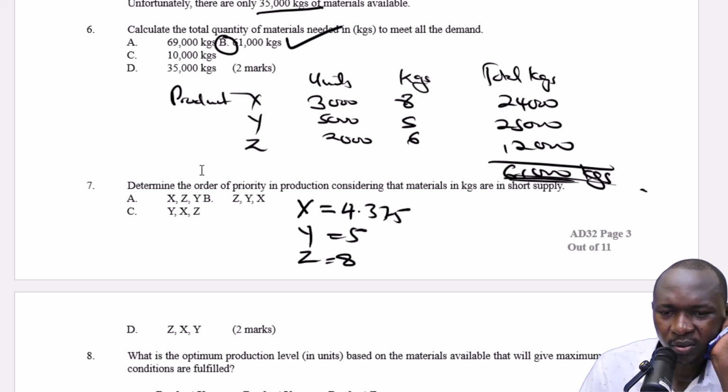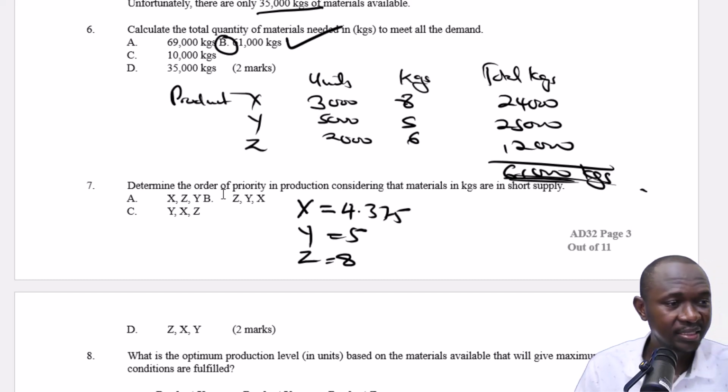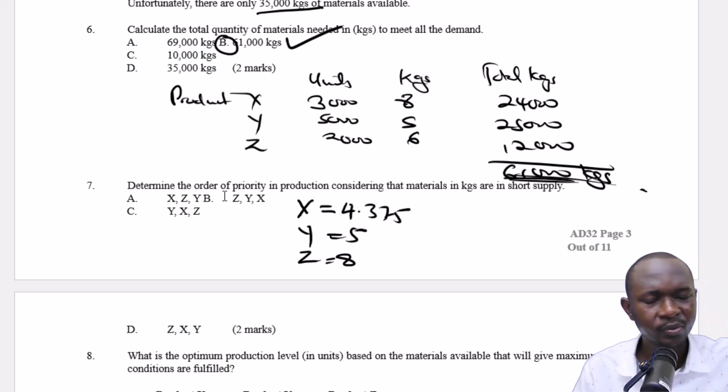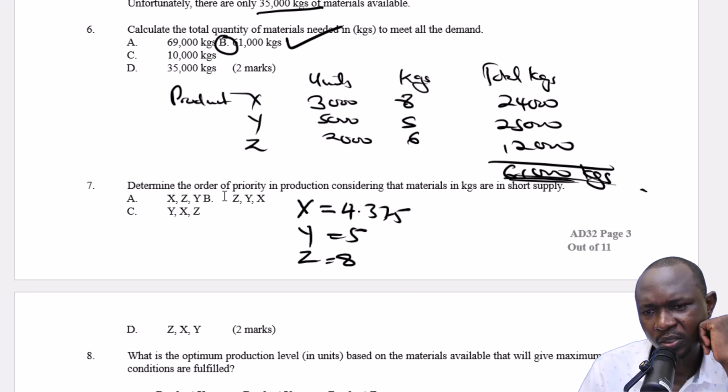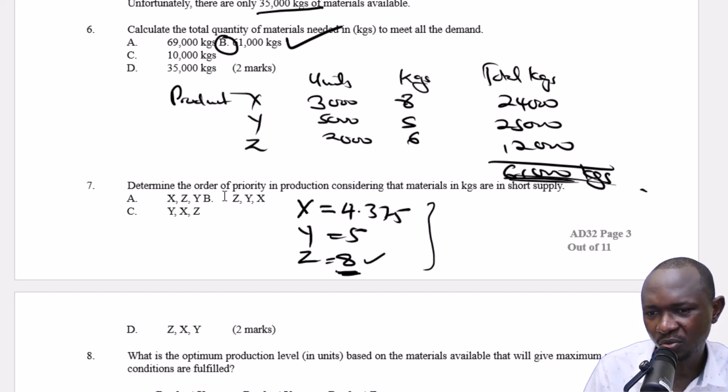I think we'll go straight to the contribution and use these contributions to make a decision. For product Z, you can see it has the highest contribution.